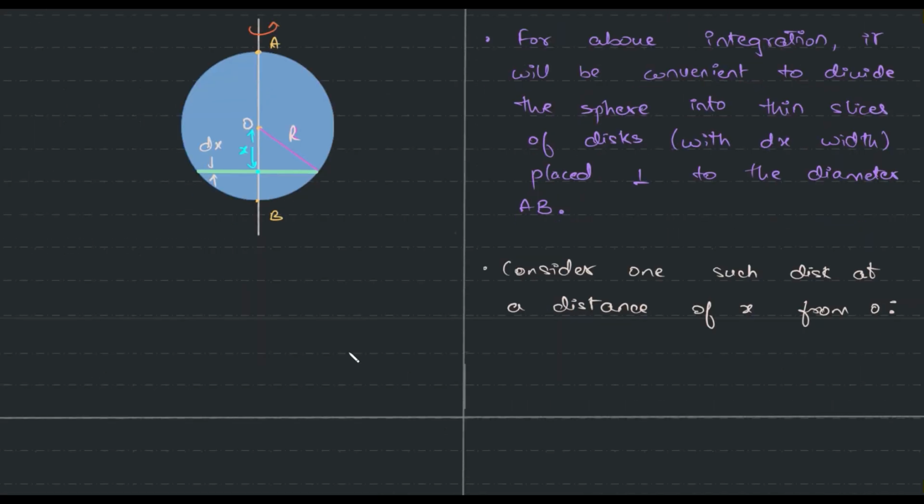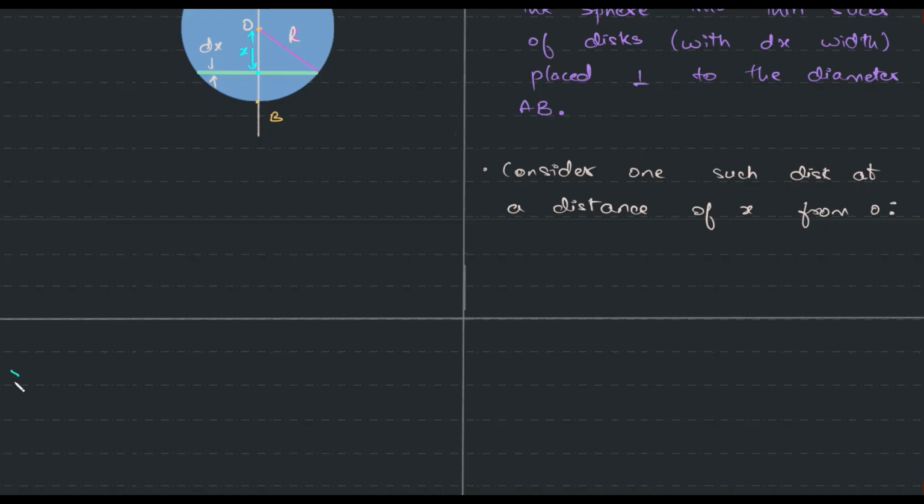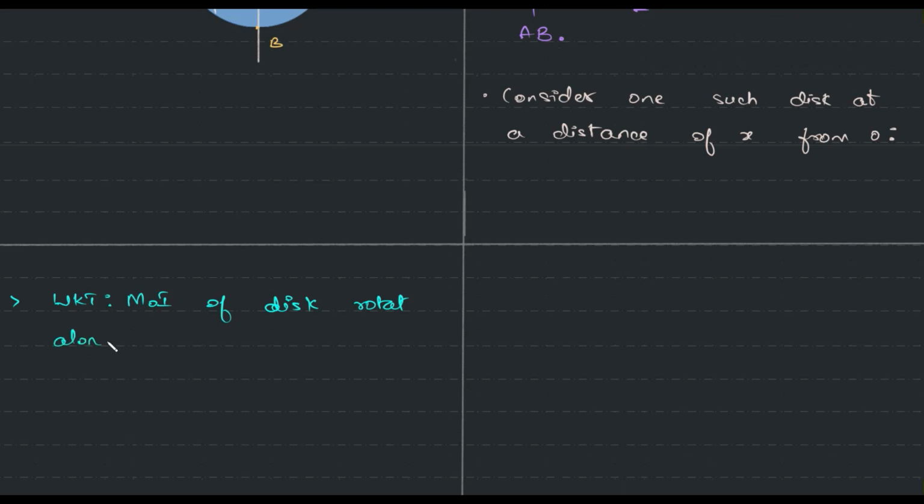Now, we'll start off with what we know. We know the moment of inertia of a disk rotating along its center, perpendicular to the plane. Let me actually write the statement.